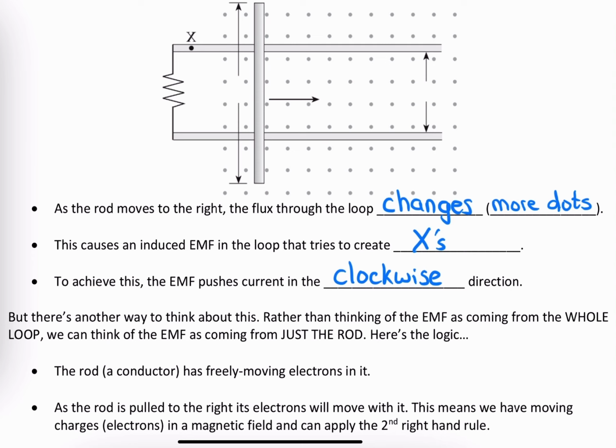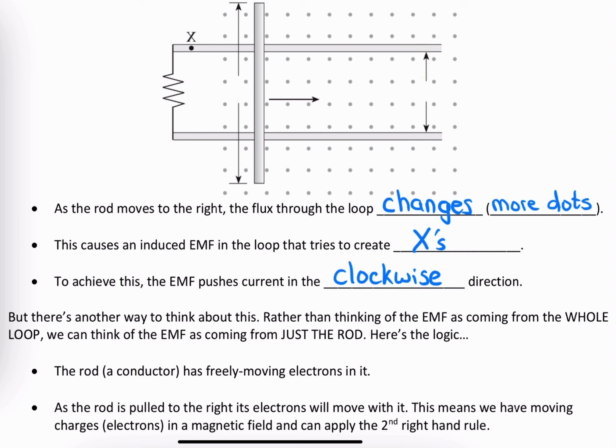So this means we have moving charges, the electrons, in a magnetic field, and we can apply the second right-hand rule. All the electrons in this rod will be moving to the right because I've literally just grabbed the rod and pulled it to the right. So all the electrons in it will come with it. So there are these electrons moving to the right in a magnetic field that already existed.